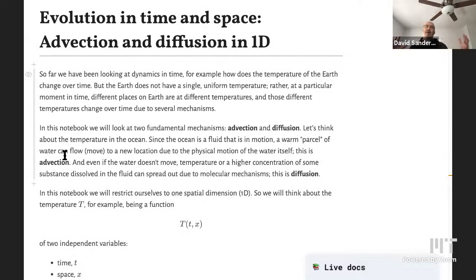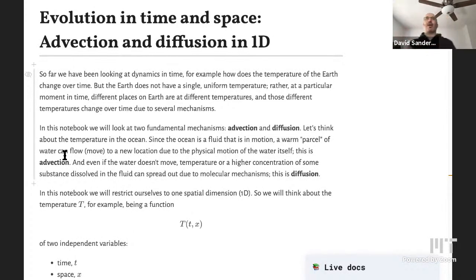Let's think about the Earth. So far, we've been modeling the temperature of the Earth as just a single number that changes in time, a scalar: capital T, the temperature, a function of little t, which is time. We've written down differential equations that describe how that temperature changes in time due to different physical effects: being heated by the sun and then reflecting some of that energy back, which leads to dynamics that converge to an equilibrium temperature.